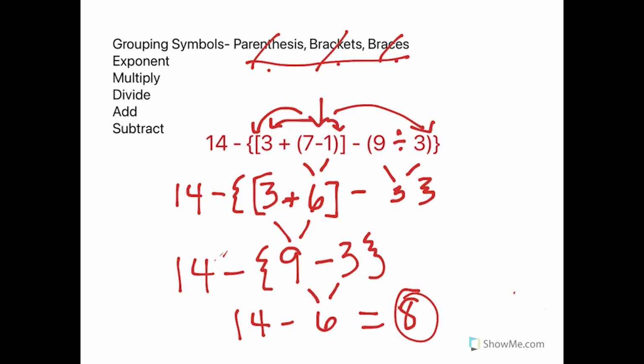And then you still follow these rules of order of operations within the parentheses, brackets, and braces. So you still do the multiply, divide, add, and subtract in order. So remember, multiply or divide, add or subtract, left to right.